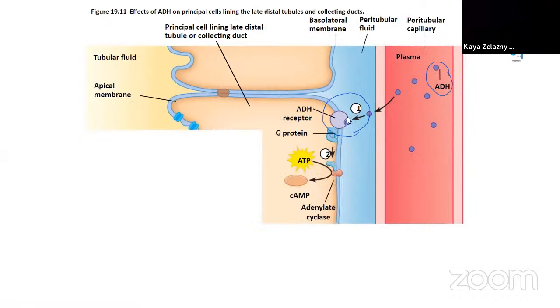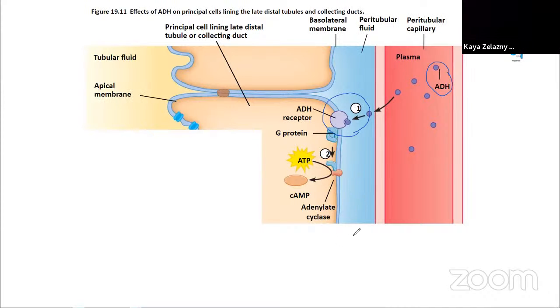So the next thing that happens: G protein receptors in general work by breaking apart that G protein. Then we send a signal into a second messenger system. In this case, we activate another membrane protein, adenylate cyclase, which tells the cell to start making cyclic AMP.